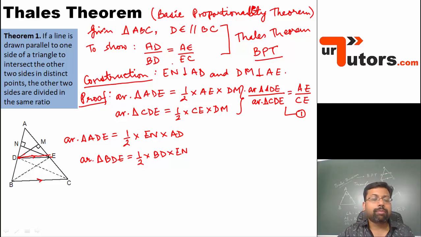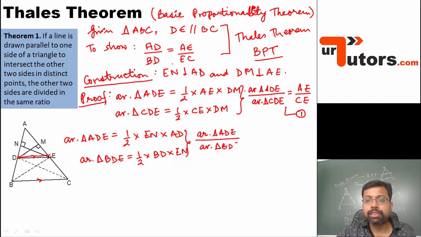Again, here also the perpendicular falls outside the triangle for which we are trying to find out the area. Now take the ratio of these two triangles. Again, you have area of triangle ADE by area of triangle BDE equal to, again, half and half would cancel out, EN would cancel out, and you'll have AD by BD. Now this is number 2.